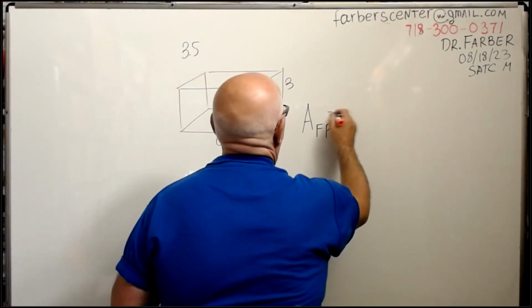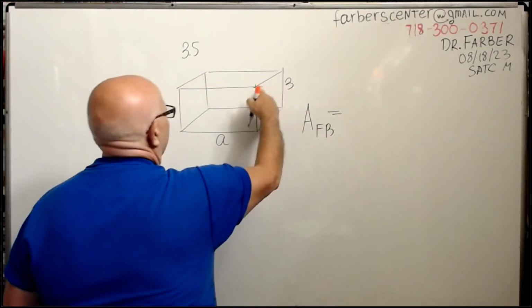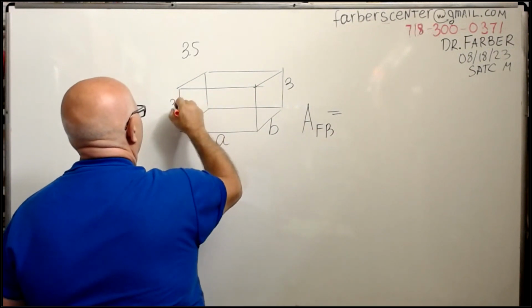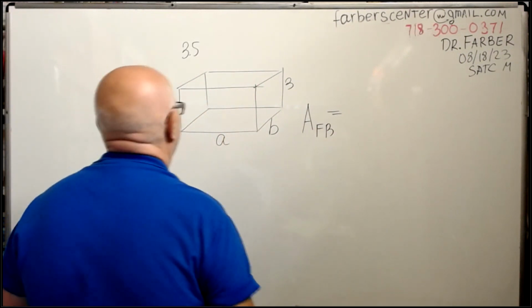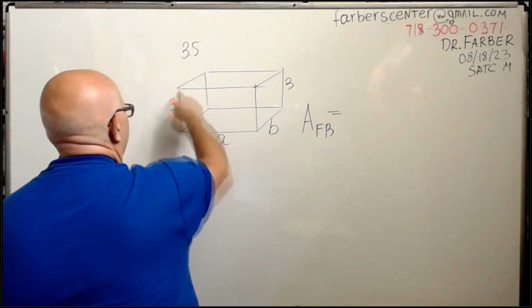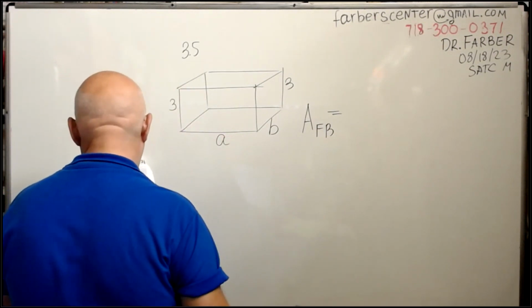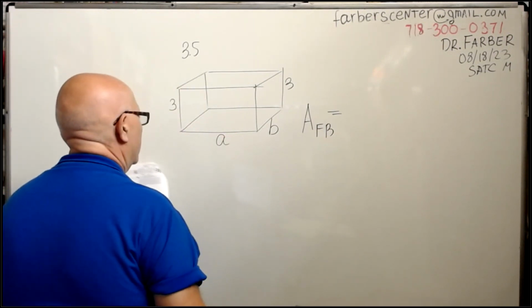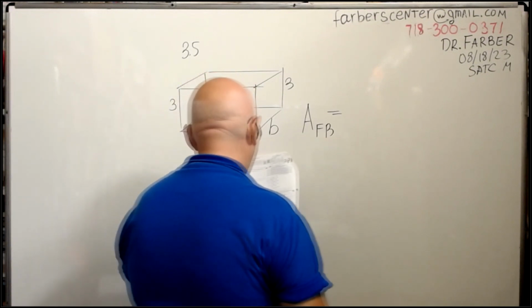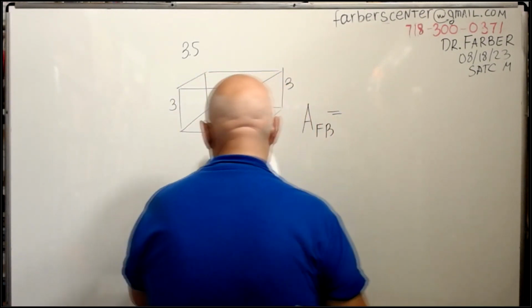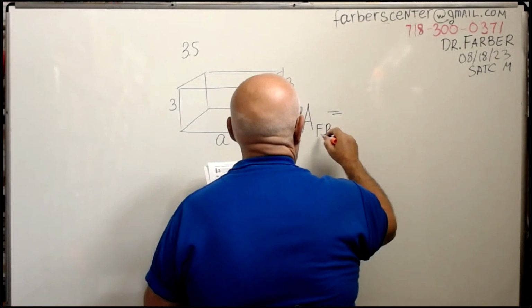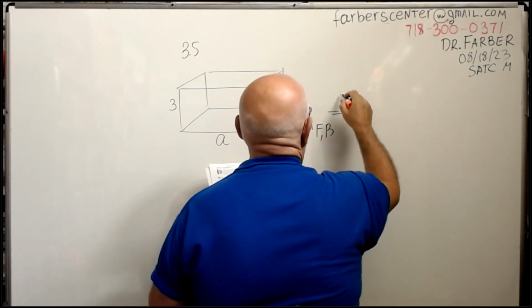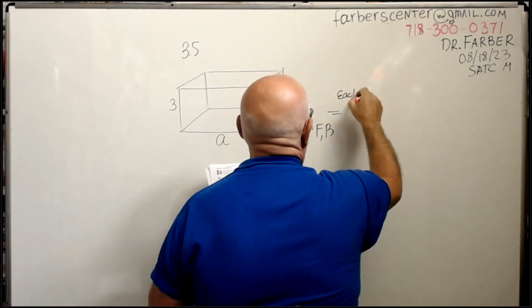Since all this height is 3, it would be 3 times A, the same area for front and back, right? They are equal to each other. Each of these is 3A.